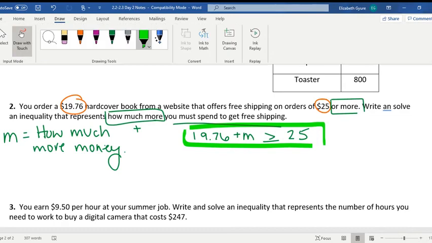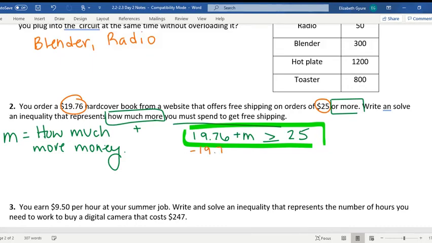And then what do we do to find out, to solve our inequality? Dallas? Yeah, subtract $19.76. I would probably get out a handy dandy calculator. Well, I need to sanitize my calculators, so I won't make you go up and get one. It is $5.24. Should I use some kind of special symbol on this problem though in my final answer?